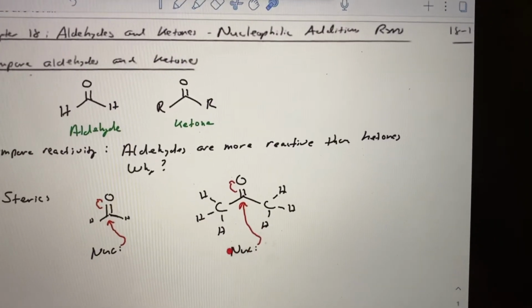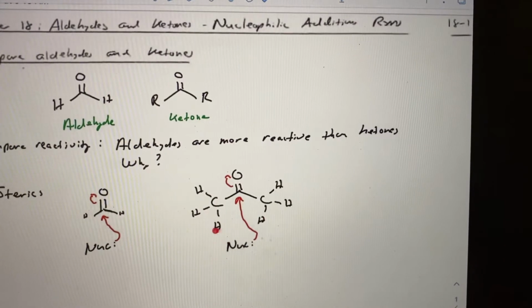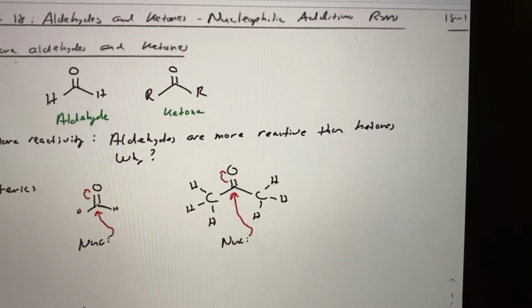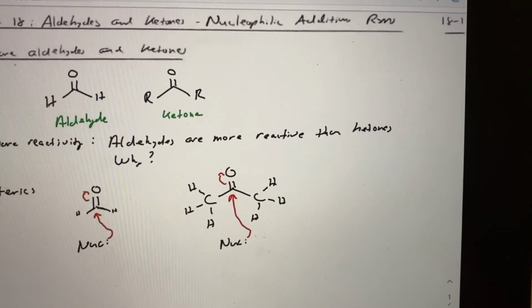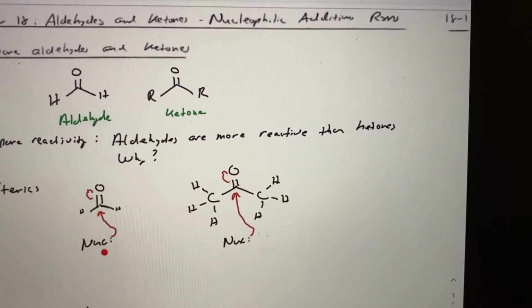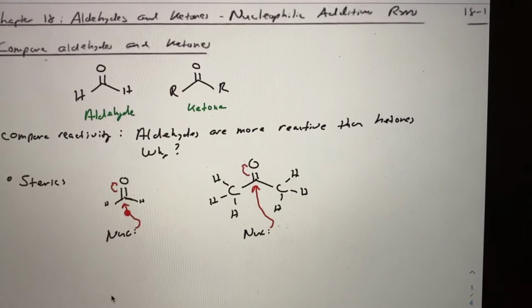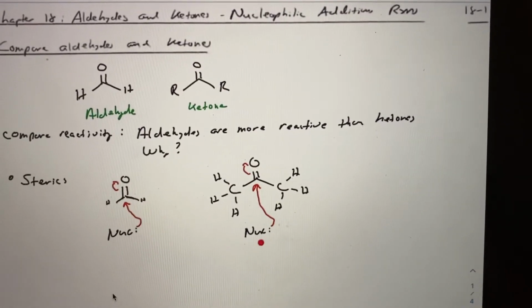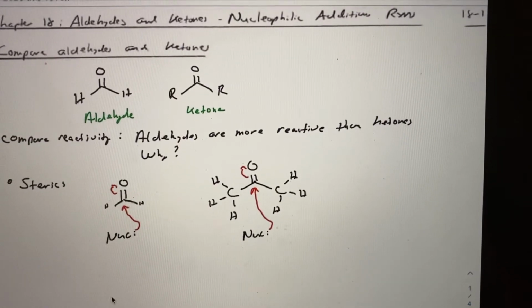So this nucleophile might bump into these groups a little bit more, which is going to make it slightly less favorable. Or let's turn that around and say the aldehyde is going to be a little bit more favorable. So this might be more reactive. It might react faster. So let's just say, make something up: same nucleophile, maybe the aldehyde reacts 10 times faster.